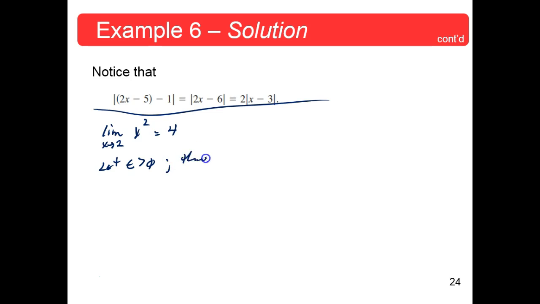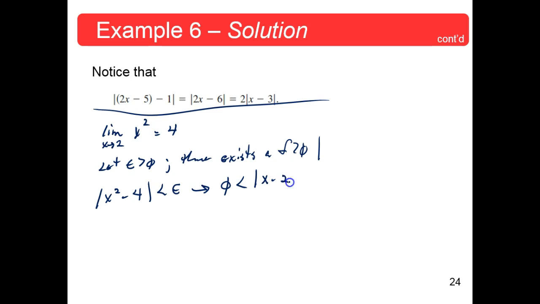There exists a delta greater than 0 such that whenever the absolute value of x squared minus 4, your f of x minus your L, is less than epsilon, then 0 is less than absolute value of x minus 2 less than delta.